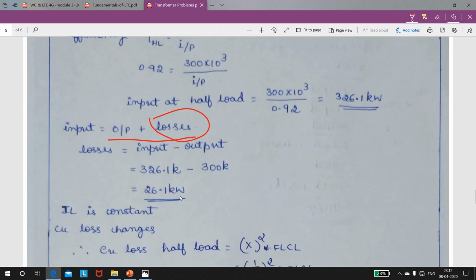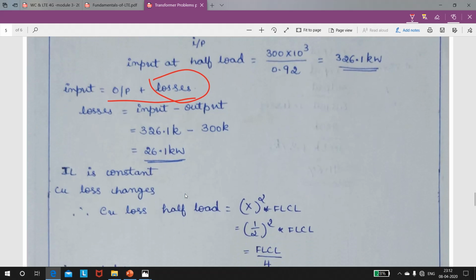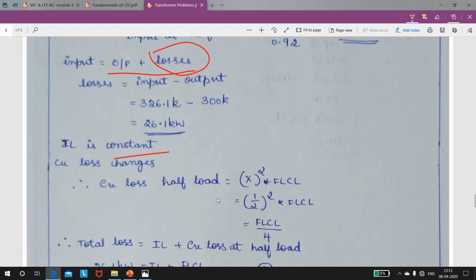Now what is losses equal to? Losses is nothing but iron loss plus copper loss. Correct? Now again, iron loss is constant, so no problem. What about the copper loss? Copper loss changes. That means what will be your equation? X square into full load copper loss. X is nothing but half load, so half square into full load copper loss.